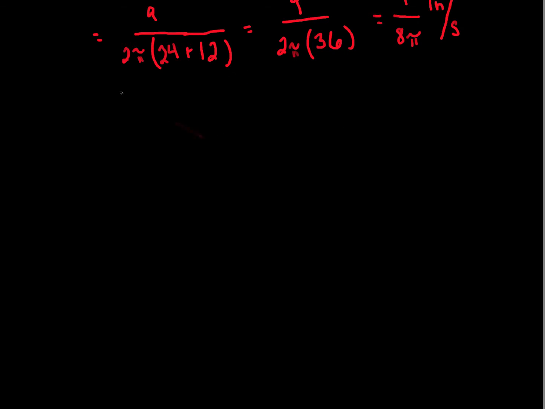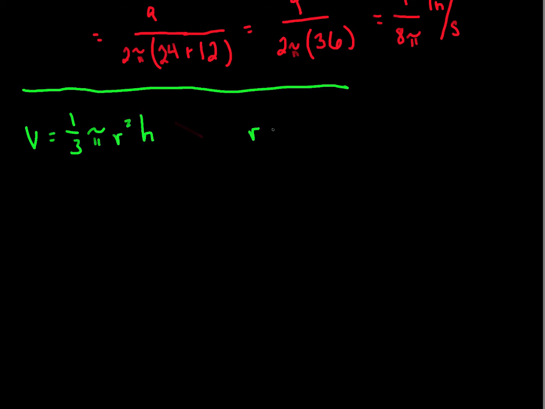So in this particular problem, we know that volume is equal to 1/3 pi r squared h, and we know that r is equal to 2/3 h. So we could have substituted this in at the very beginning, right?